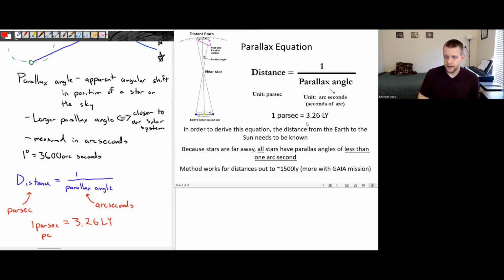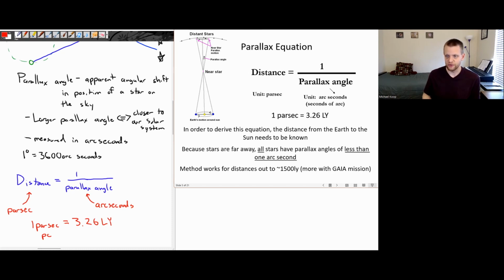Now, this method works generally out to distances of around a little over 1,000 light years. Since the Gaia mission was launched, I think in 2013, it has been taking data. The Gaia mission is a satellite to measure these very, very small parallax angles, and it has been immensely successful.